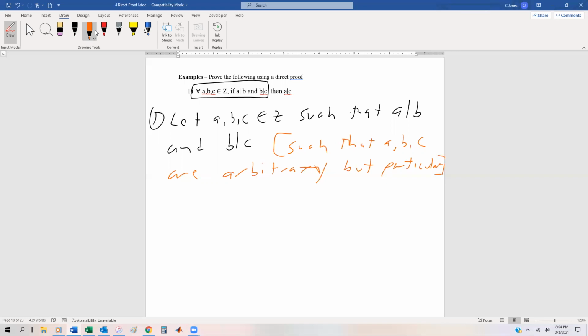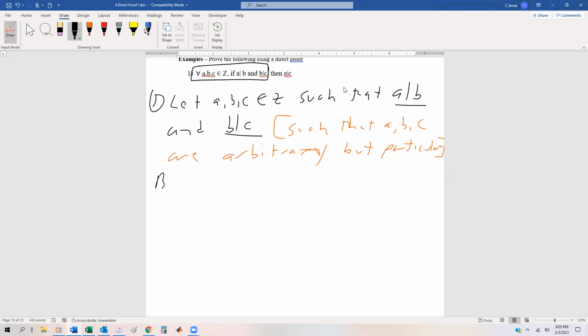All right. Now, we're going to use our definitions of divisibility, because we've assumed that A divides B and B divides C. So, by definition of divisibility, since A divides B, that means A is a factor of B. So that means that B is equal to A times K. B divides C, right?